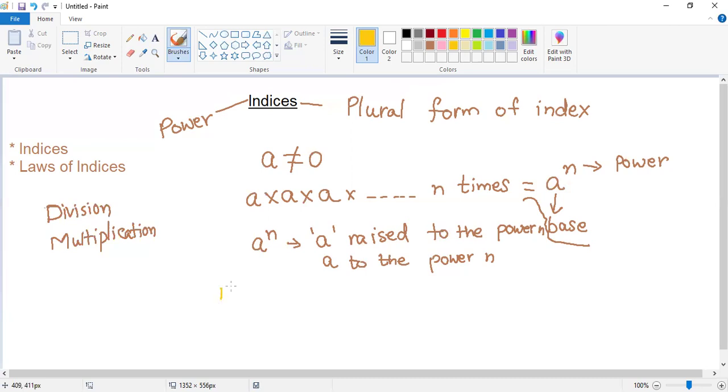The first law says if you have a number a power m and you have another number a power n, you see these two numbers have the same base but different powers. So when you multiply this, you will get a power m plus n.